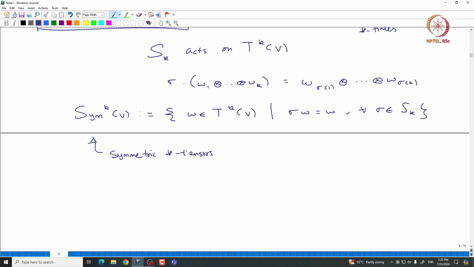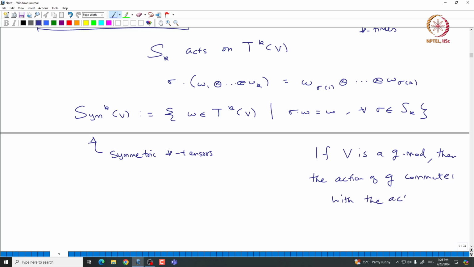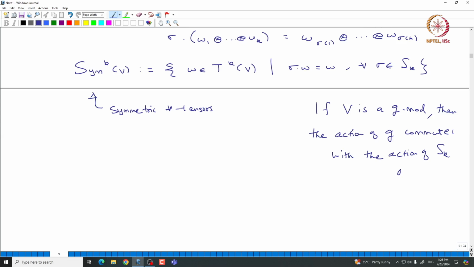Now one can easily verify that the action of G commutes with the action of Sk, supposing V is a G module. In particular on Tk of V, that implies that the symmetric power becomes a G module.